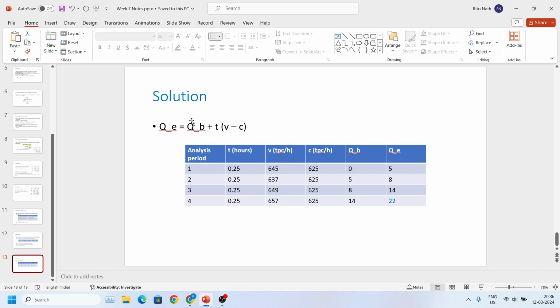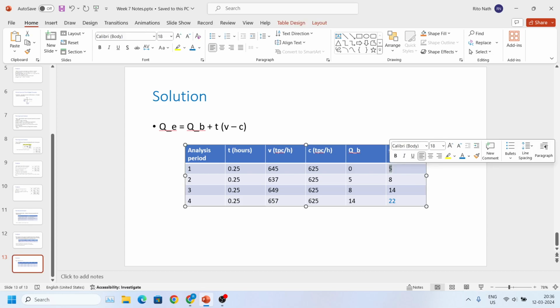You didn't have anything from before, so that's 0. Then you just do this for every analysis period. After the first analysis period, you have 5 as the length of the queue, and that will remain as it is. Then there is an extra term coming for the second analysis period and so on. So that's the whole problem.